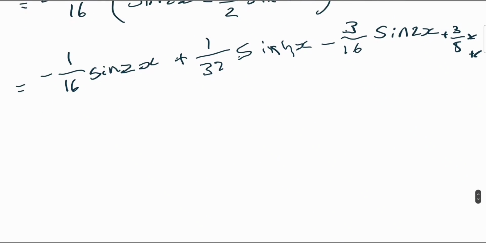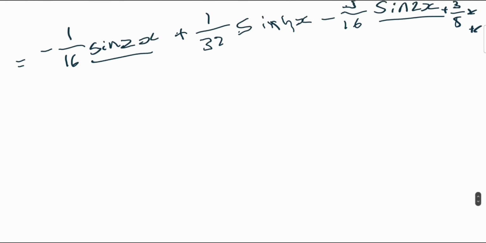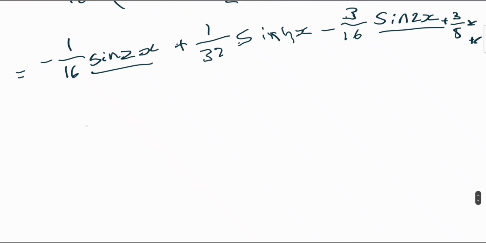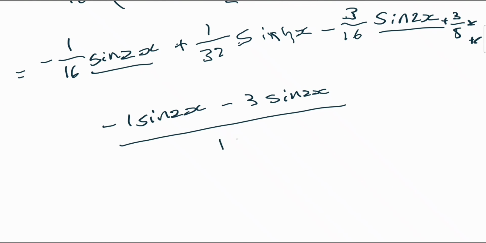Okay, so here, this is almost finished, but there's a sine 2x here and a sine 2x here. So we can try and combine these expressions. They both have the denominator of 16. So we can do negative 1 sine 2x minus 3 sine 2x, all over 16.